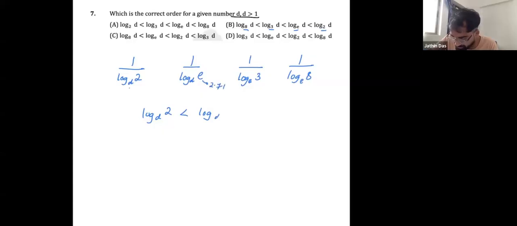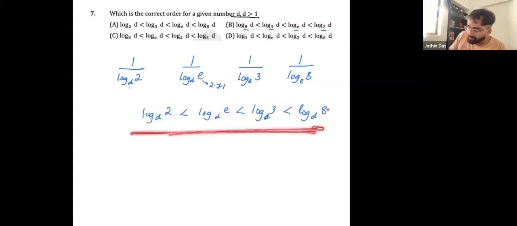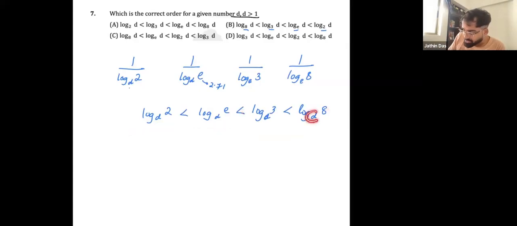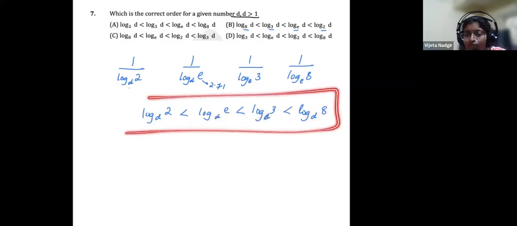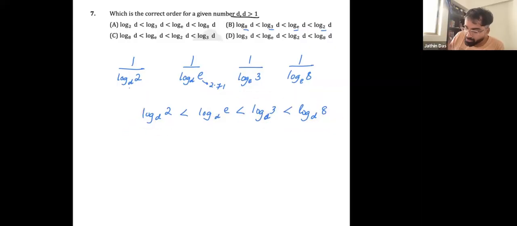So the next value is e, then it is 3. As the number increases, the value also increases because the base d is greater than 1. You understood how I wrote this? So the reciprocal will be opposite.